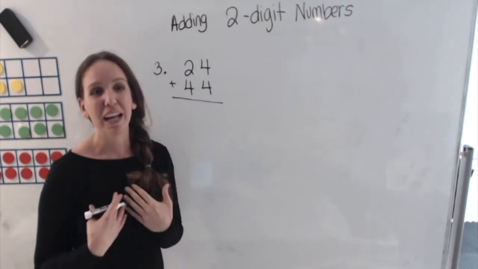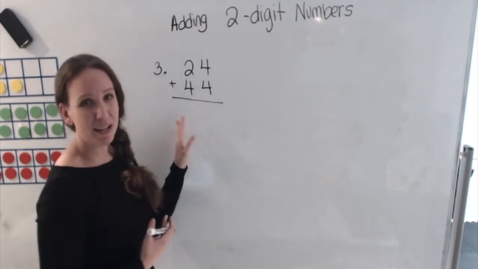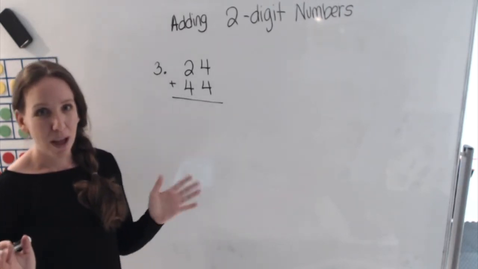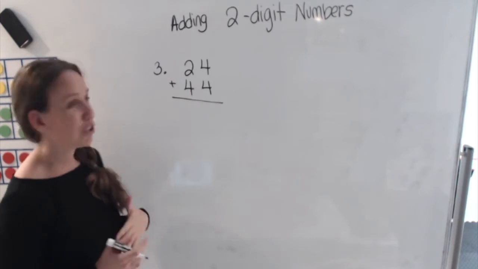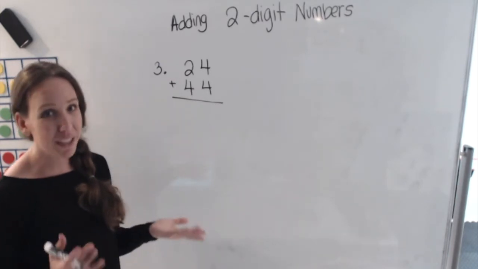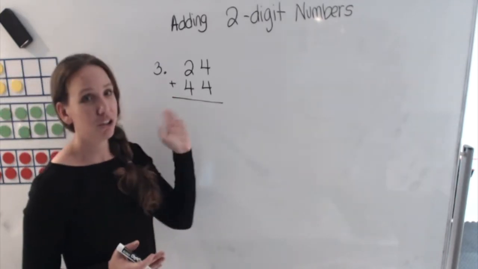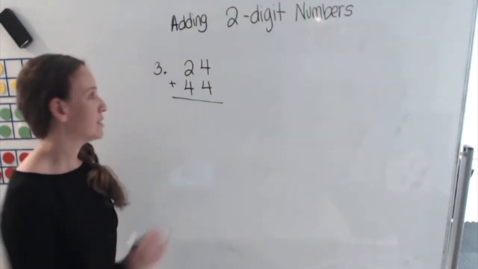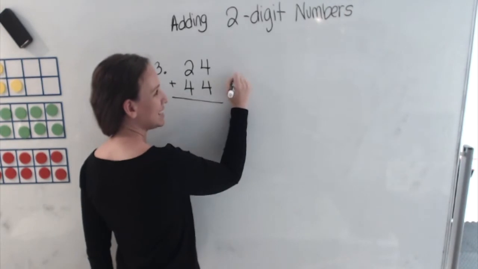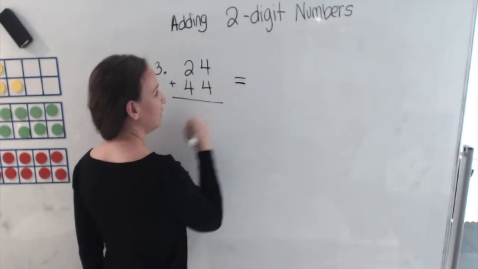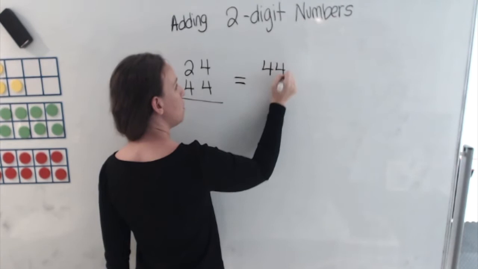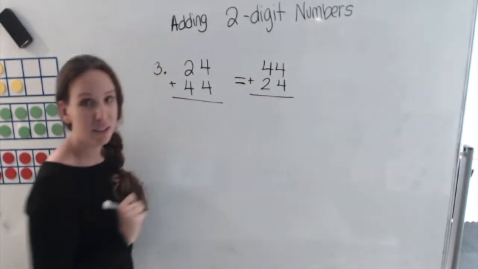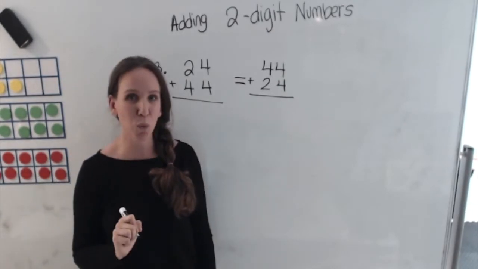But it's a good habit to get into to put the bigger one on top, because when you get to middle school, when you're like 12, 13 years old, you're going to do something called integers, which is really hard, and you're going to always want to make sure the larger number is on the top. So we're going to keep that habit, and we're going to rewrite this. So this is the same thing, or equal to saying 44 plus 24.